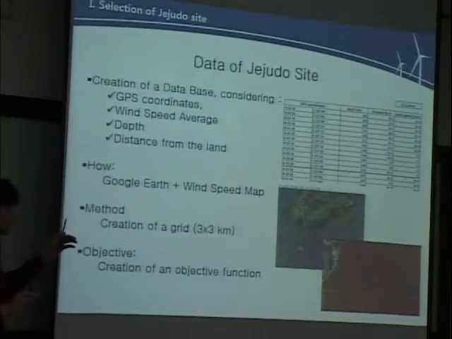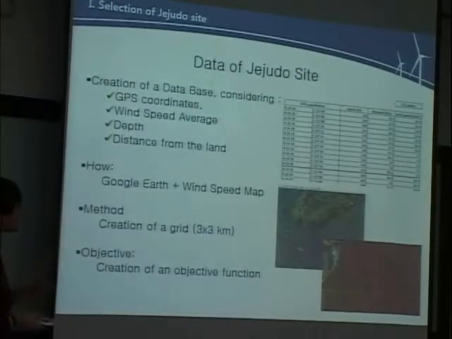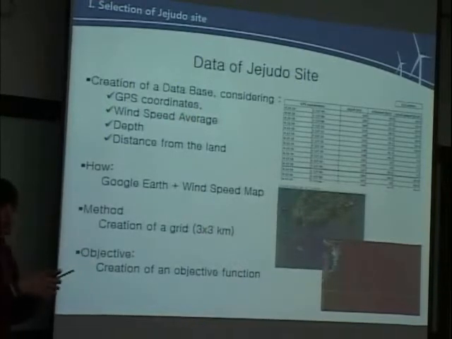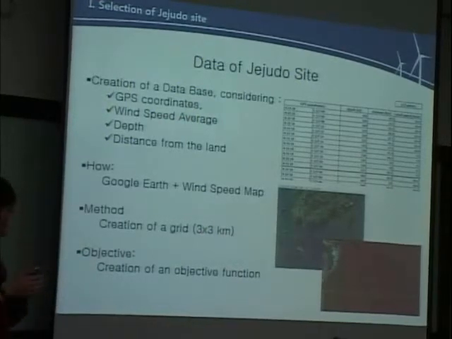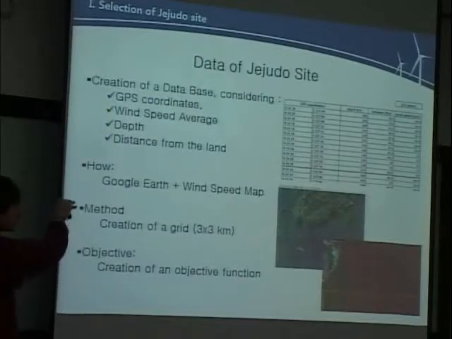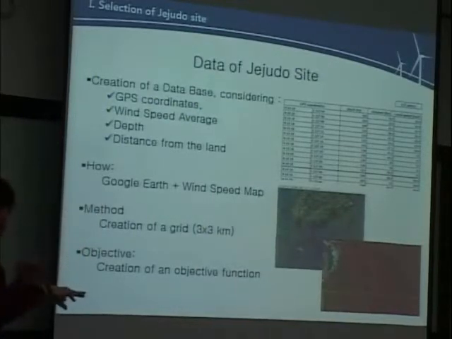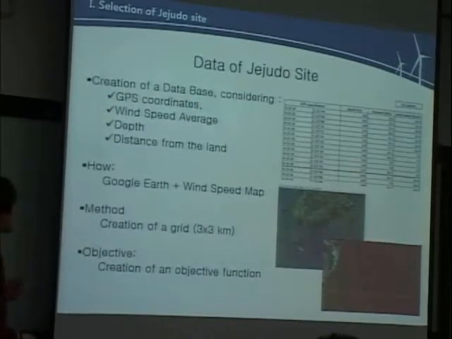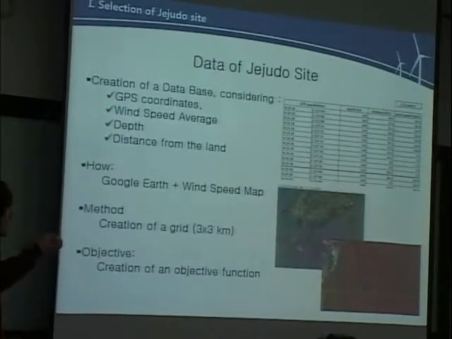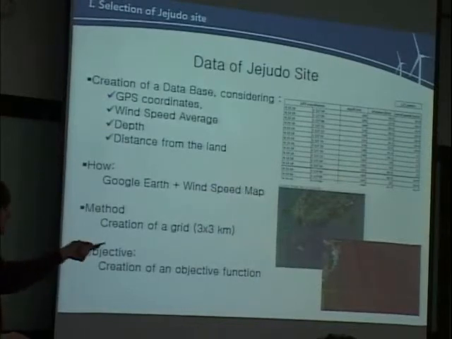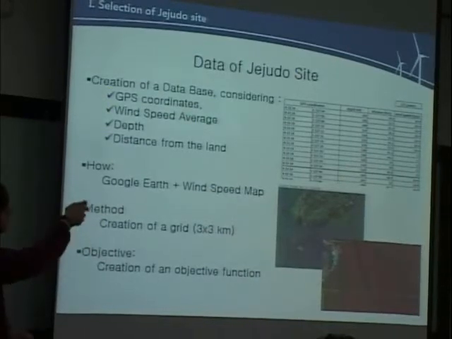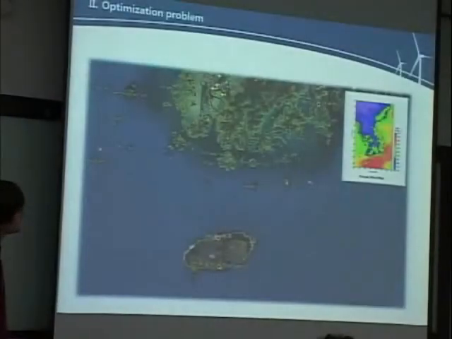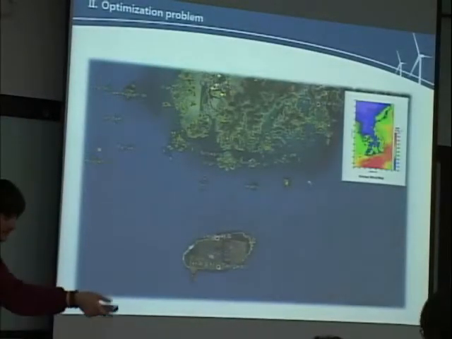We created a grid of 3 by 3 kilometers, which represents approximately the area of our future wind farm. Also, one thing is very important: the seabed in Jeju Island is very smooth and very flat, so we don't need more precise data. Our objective is to create an objective function with this data after. So the sum of that is the optimization problem.